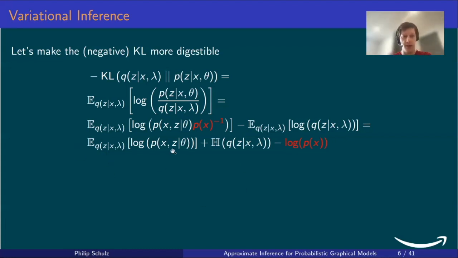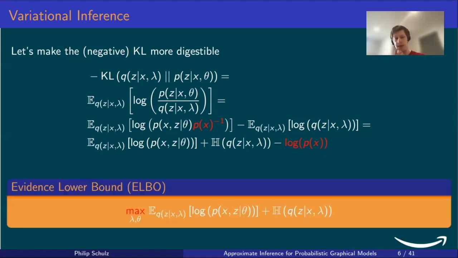Well, we clearly have it here in this expectation, and we also have it as part of the entropy. Log p(x) does not contain any lambdas, right? Which means that when we are optimizing for lambda, this is just a constant that we can neglect. And this is awesome, right? Because that's what we wanted all along. We want to get rid of p(x), and that's exactly what we have accomplished.